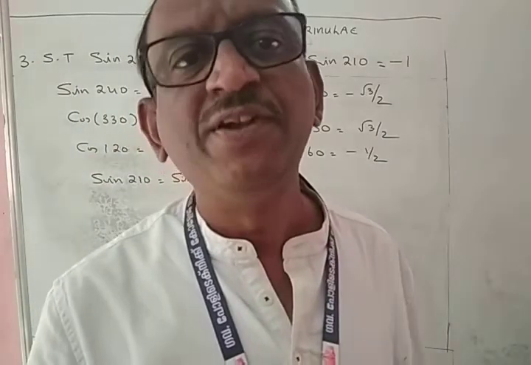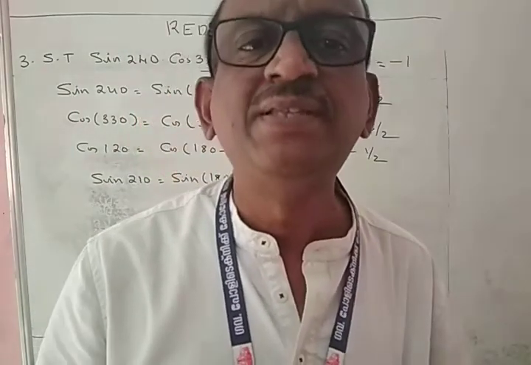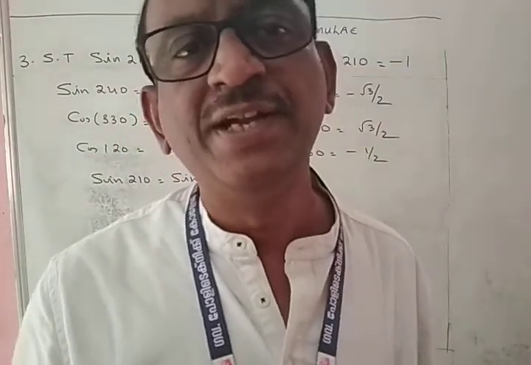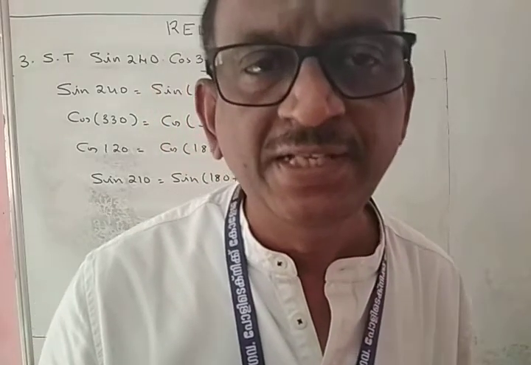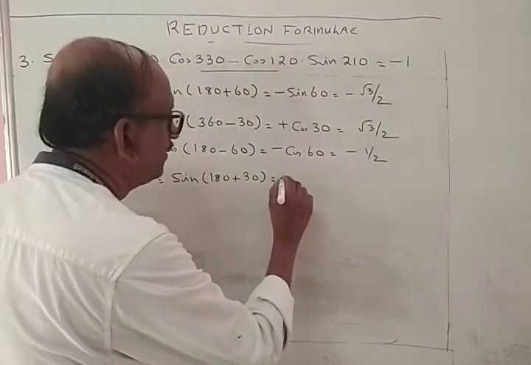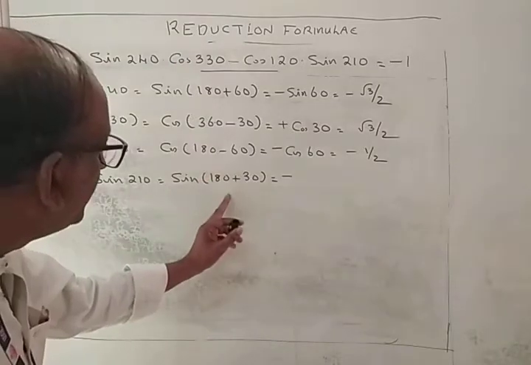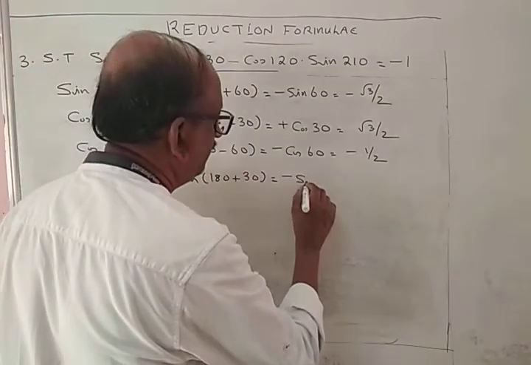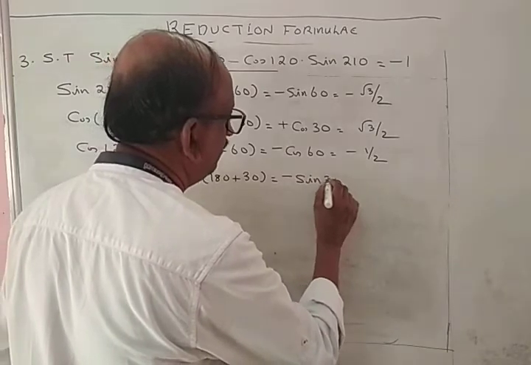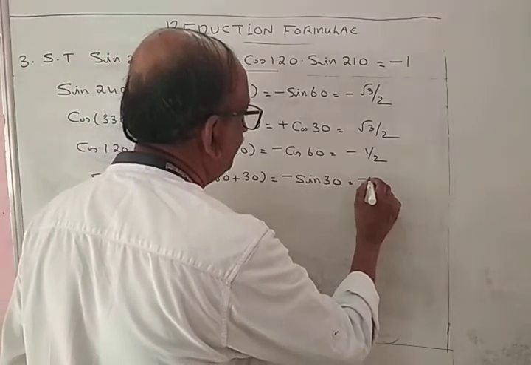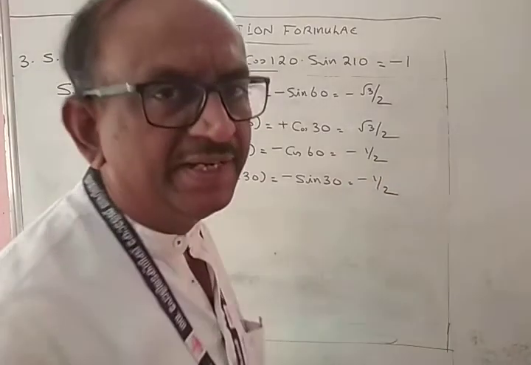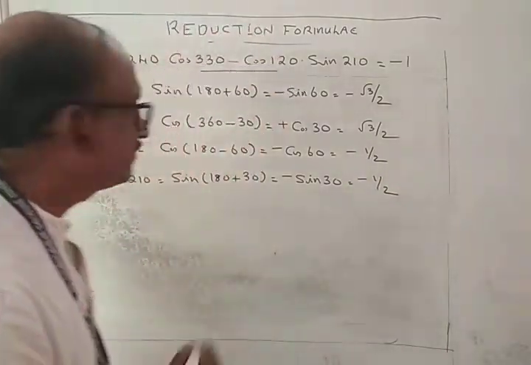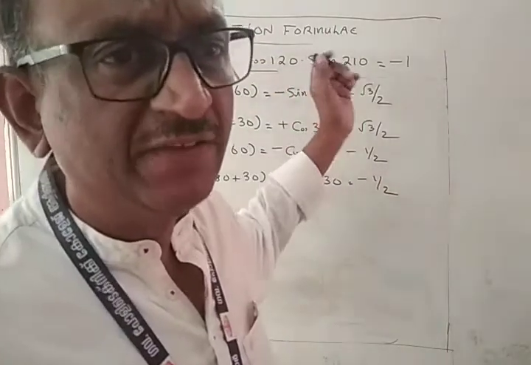210 is the same as 180 plus 30. 180 plus 30 is in the third quadrant. In the third quadrant, sine is negative. Since this angle is 180 degree, the answer is sin 30. Sin 30 is 1 by 2. Then substitute these four values in the left hand side.